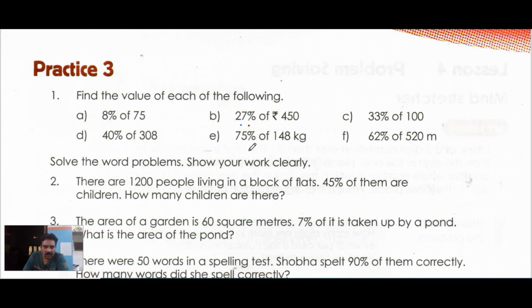Now let's go to the next one. 75% of 148 kgs. So here, 75% of 148 kgs means 75 out of 100 of 148 kgs, right?